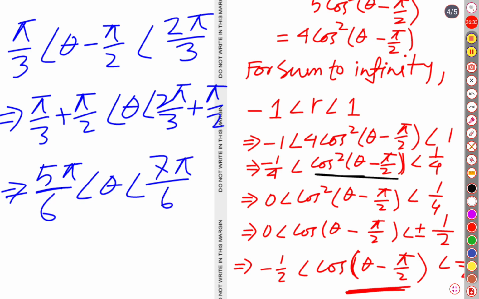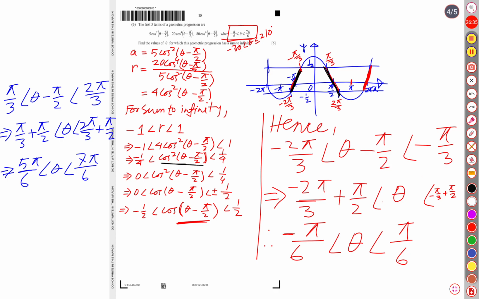So these two are the values of theta, not range, this is actually domain. The domain of theta is going to be this. These two are the answers. One of the possible values is this one, and another one is this.